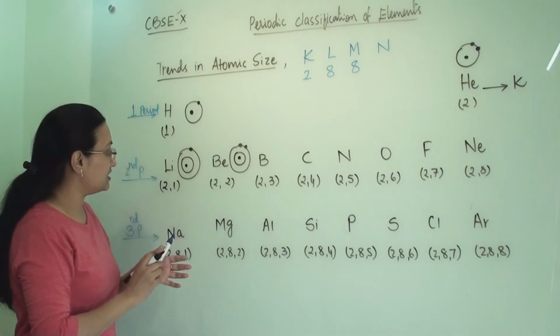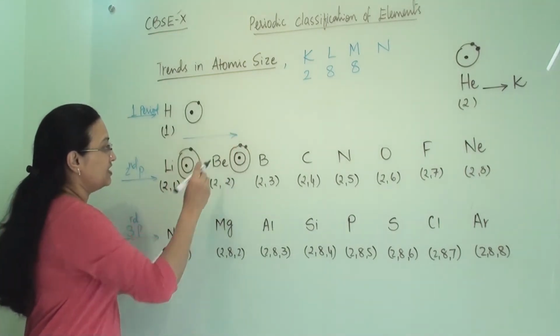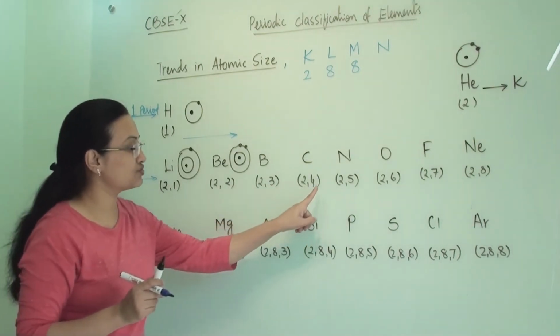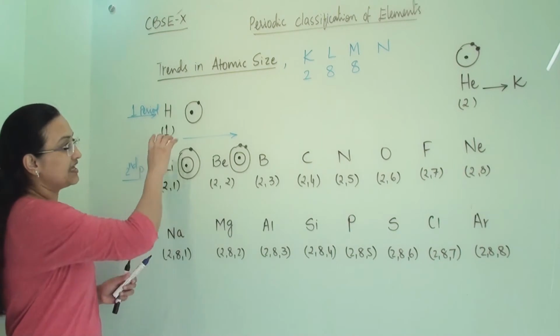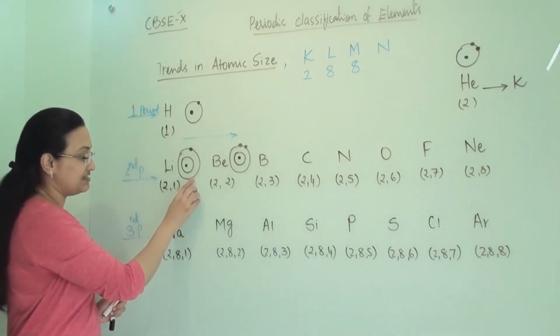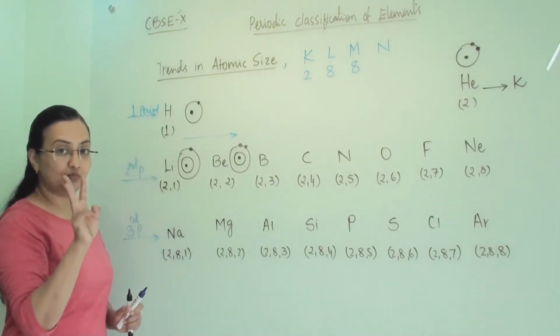You can see here that as we are going from left to right, 1 electron is being added to the outermost shell. The K shell is completely filled, so we have to put electrons in the L shell. Here in the L shell, lithium's atomic number is 3.